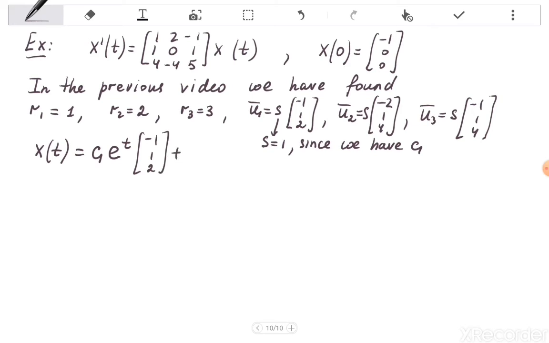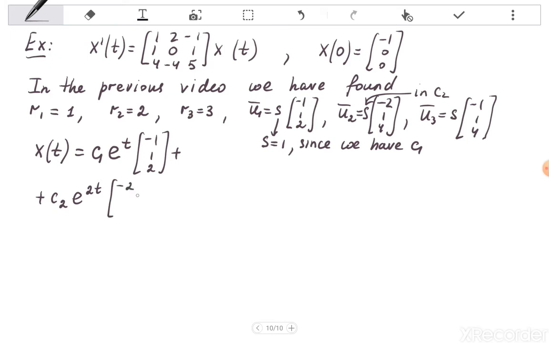plus C2 e to the second eigenvalue, which is 2, times the second eigenvector, which is s times this vector. Again, s will go to C2, so this s will be in C2.